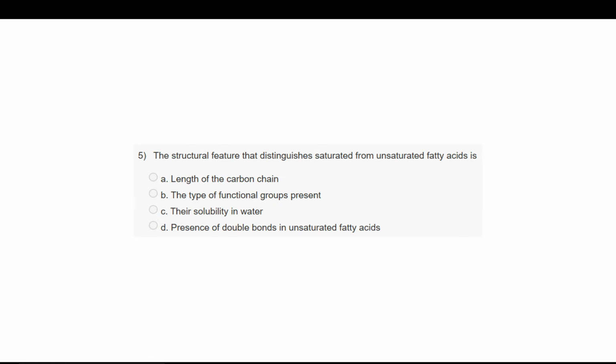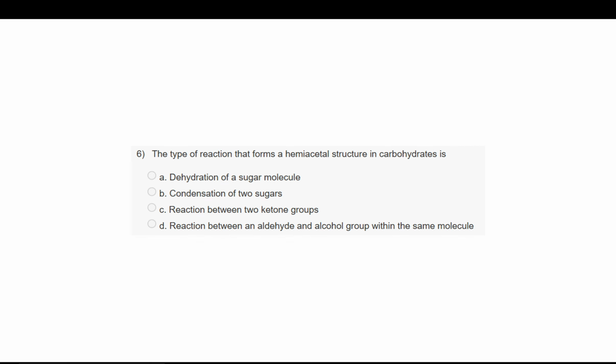Structural feature that distinguishes saturated from unsaturated fatty acids is the length of the carbon chain, the type of the functional group present, their solubility in water, presence of double bonds in unsaturated fatty acids. The answer is presence of double bonds in unsaturated fatty acids, whereas saturated fatty acids don't have any double bonds.